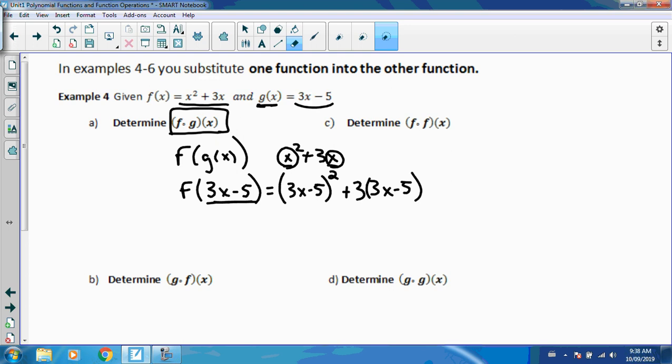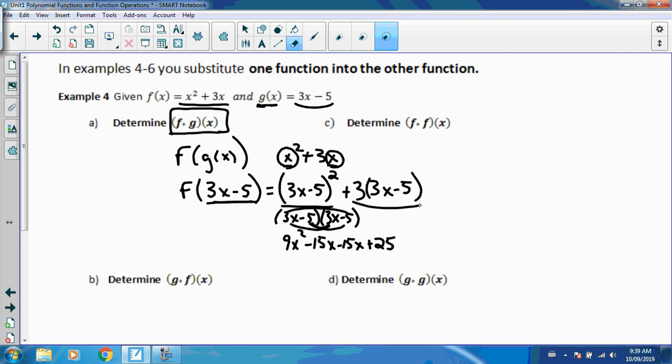So remember that when I square a binomial, this is not just 9x squared minus 25 or plus 25. I like to write it out twice and do FOIL, so that I don't make any mistakes and I don't miss anything there. So this is going to be 9x squared, when I times here and here. This is minus 15x, another minus 15x, and then a plus 25.